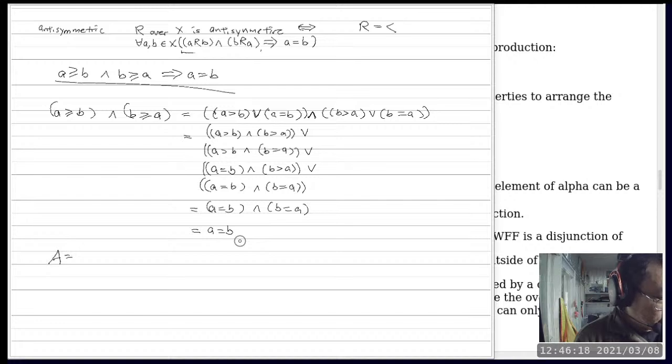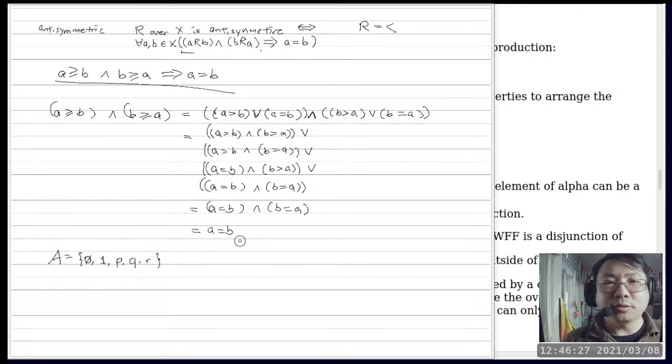So let's say alpha has the constants, and then we have P, Q, R. The Greek letters are sort of in alpha, but we don't consider them usable in a well-formed formula, because they're only used when we try to specify the transformation rules, the productions. So we consider alpha to be just 0, 1, and then P, Q, R.